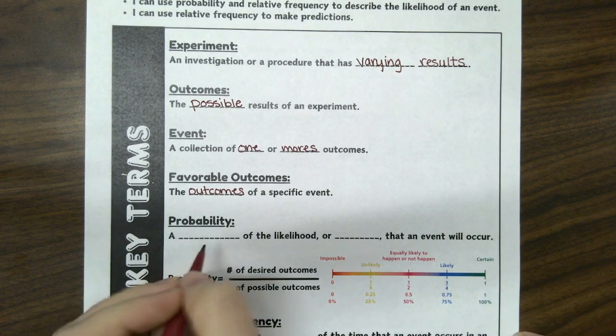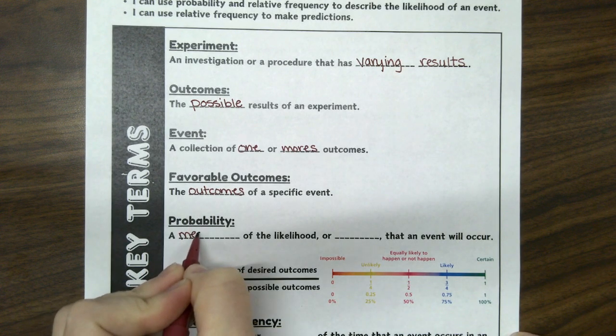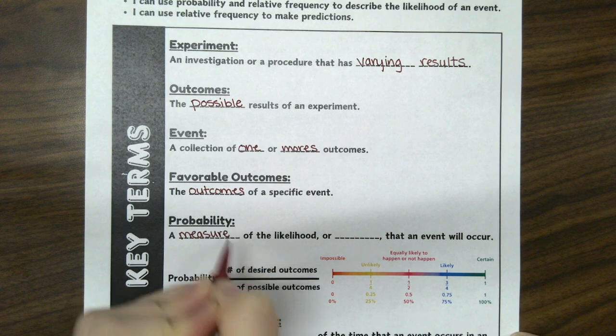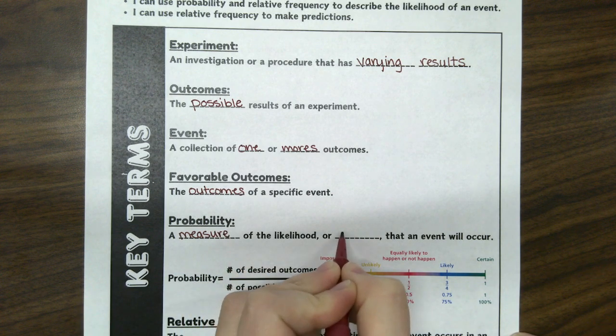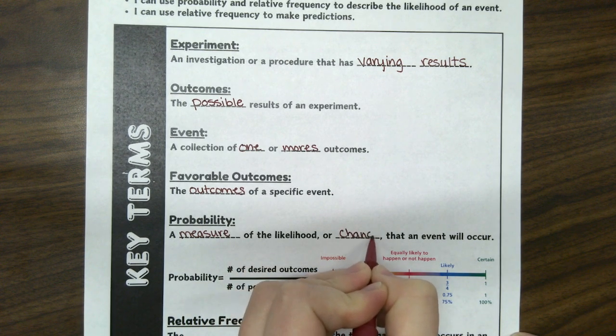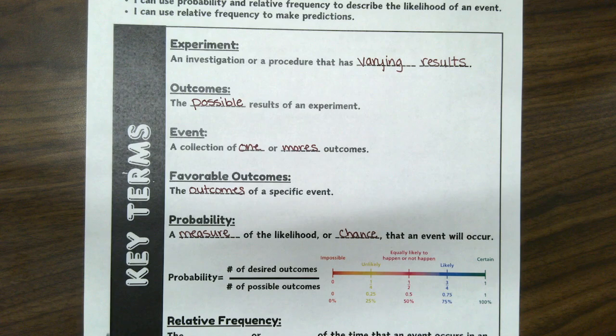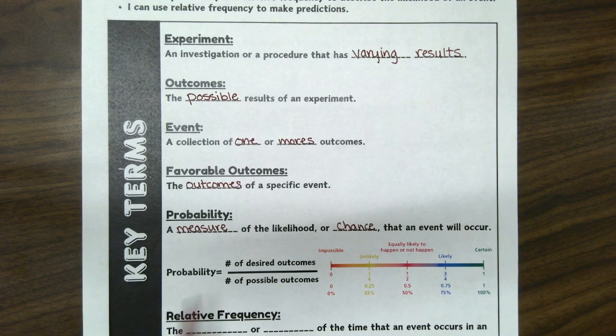Probability is a measure of the likelihood or chance that an event will occur. And we find probability by dividing the number of the desired outcomes by the number of the possible outcomes. And then here's a little scale for you.